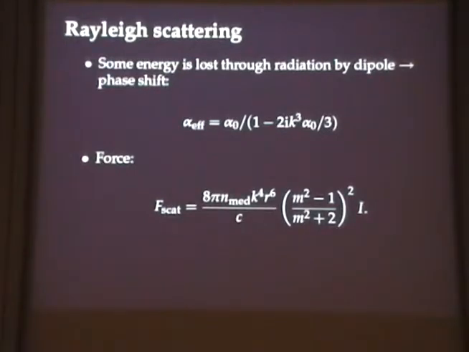I can go a little bit further. My little particle with a dipole moment in this time harmonic field will have a time harmonic dipole moment. An oscillating dipole moment, it's a small dipole antenna. And this will radiate. There'll be some energy lost from it. So I can include that energy lost due to the radiation by including its radiation resistance.